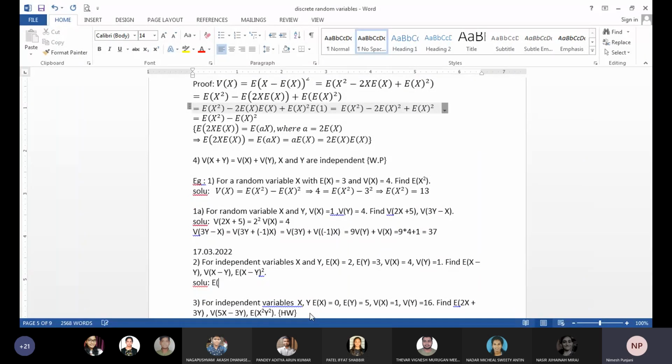So first, expected value of x minus y. As per the formula, it will be expected value of x minus expected value of y, using the property of the expected value.